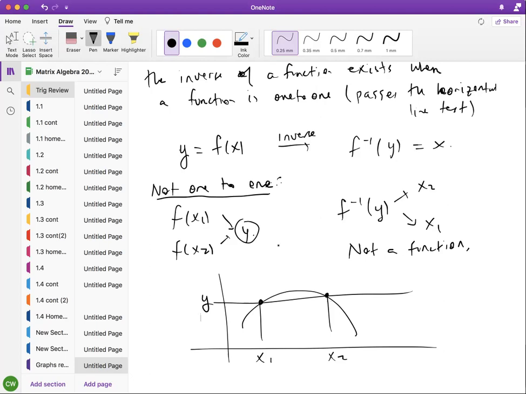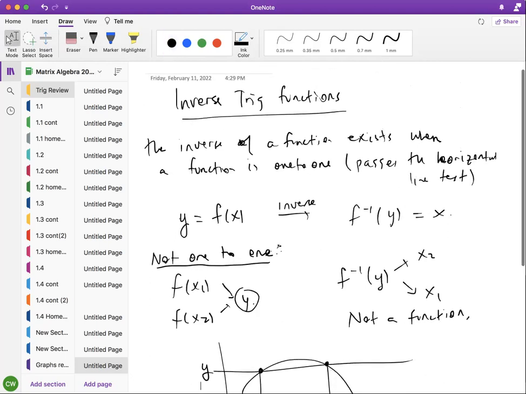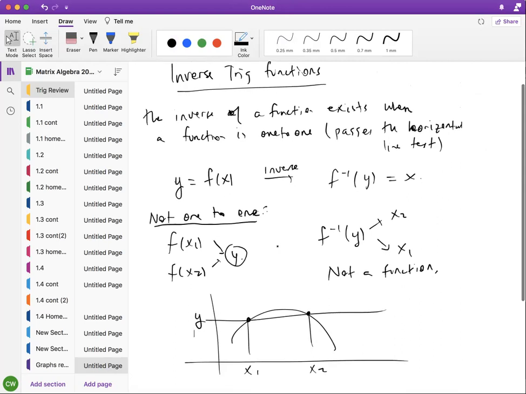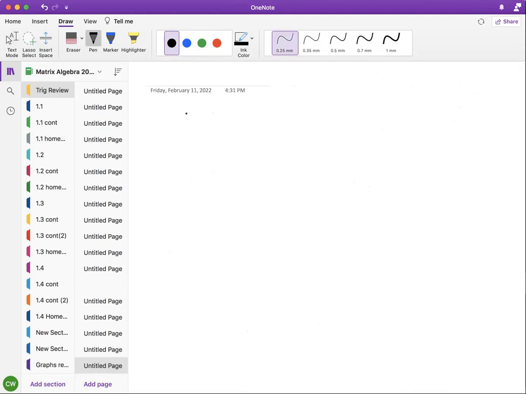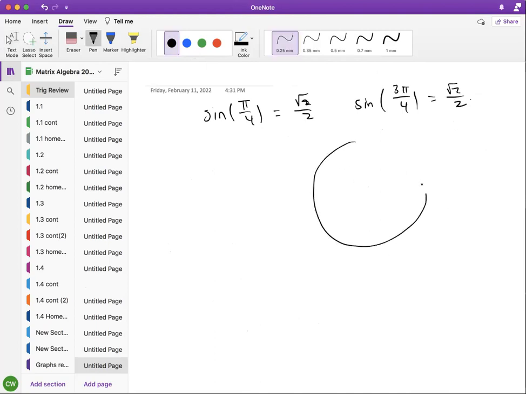Okay, so why would we even be talking about inverses for sine and cosine? They're like the least 1-to-1 looking functions, right? For example, sine of pi over 4 is equal to radical 2/2. However, sine of 3 pi over 4 is also equal to radical 2/2. This is in the unit circle. And if you don't know those values, that's fine.